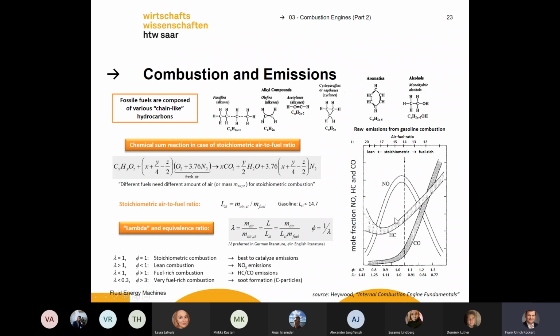The engines get hotter. And if you have a hotter engine, you produce more nitrogen oxides. We call it NOx, nitrogen monoxide or nitrogen dioxide. You can produce both. So we produce more NO emissions because of the hotter engines, but they are more efficient.